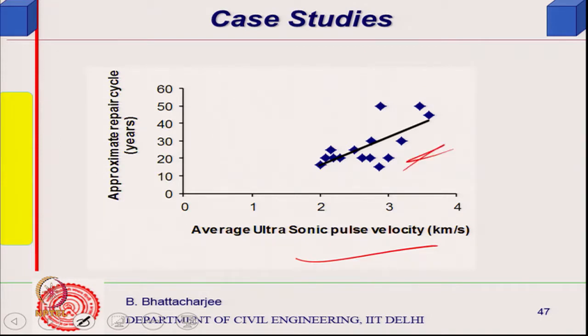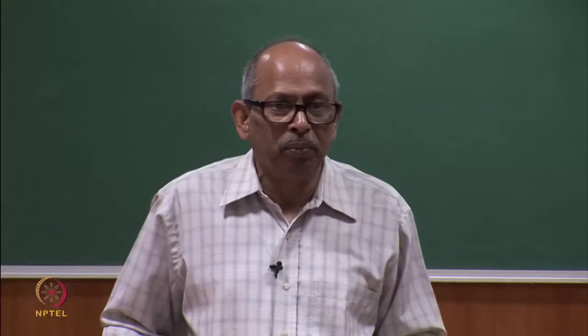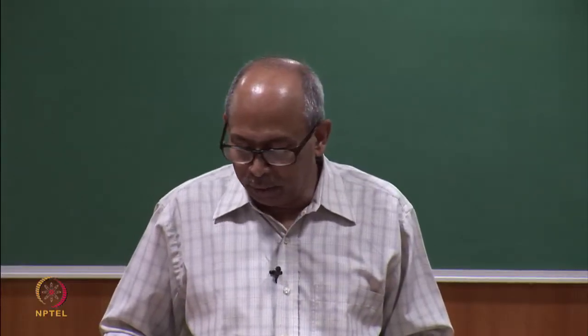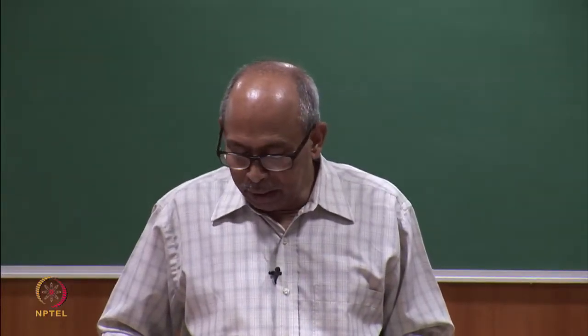For quality of concrete, by ultrasonic pulse velocity, where pulse velocity is high, the approximate year of repair cycle was also higher. That means good quality concrete survived for longer years. One should actually look into this.